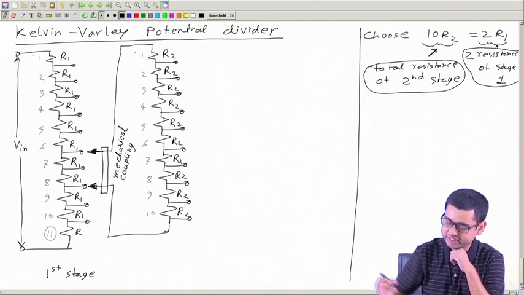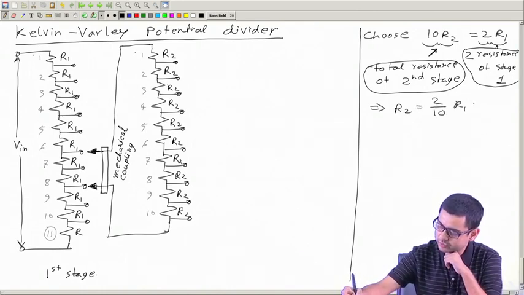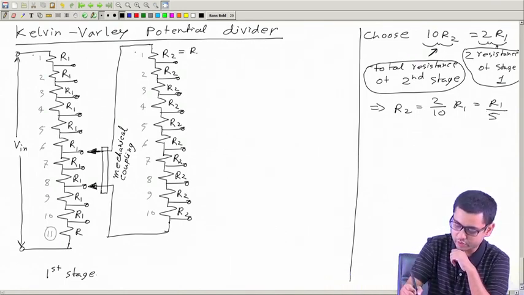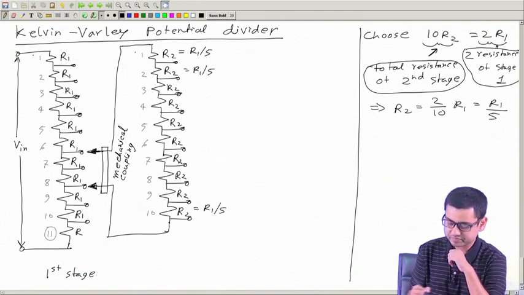So, I will choose it in this way. That means I will choose R 2 equal to 2 by 10 R 1, which is R 1 by 5. So, let us choose it this way, R 1 by 5, R 1 by 5, and so on. This is also R 1 by 5.